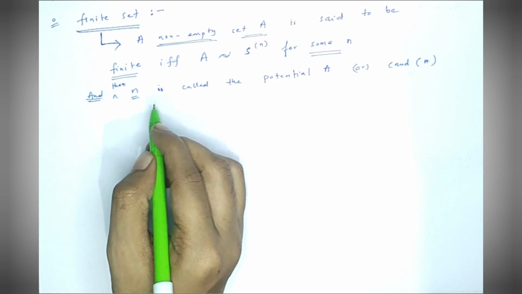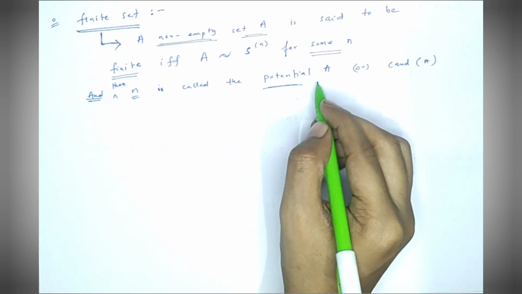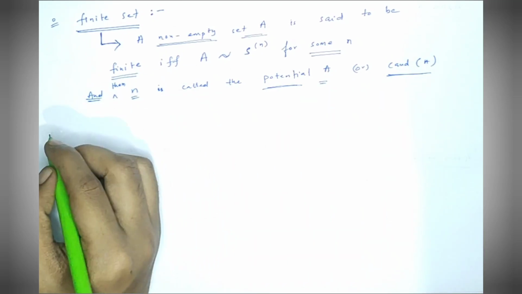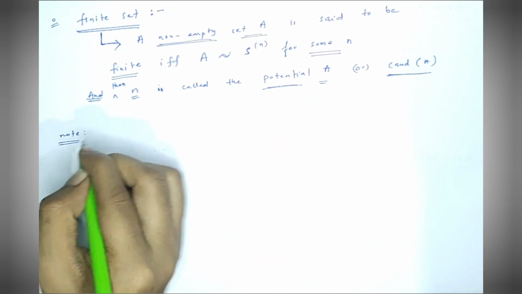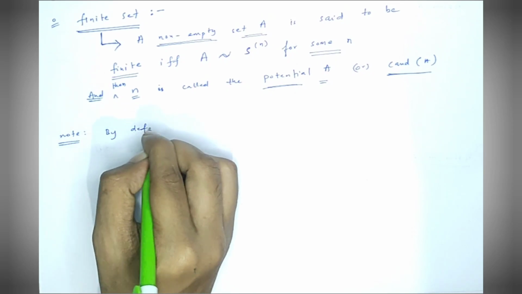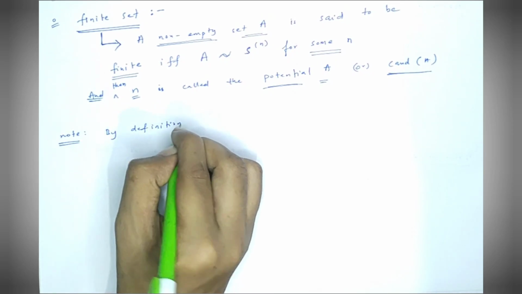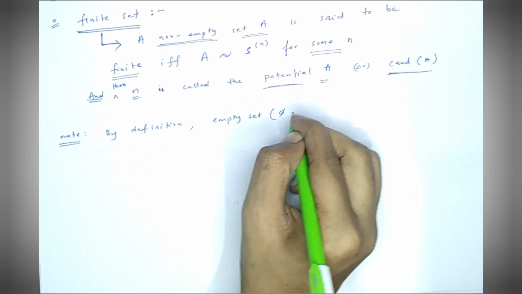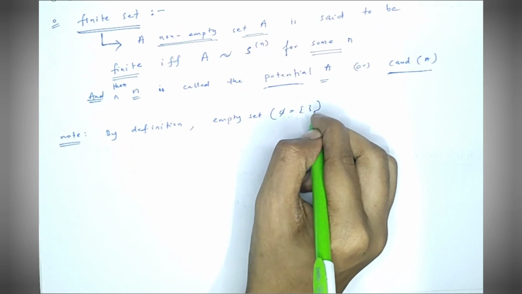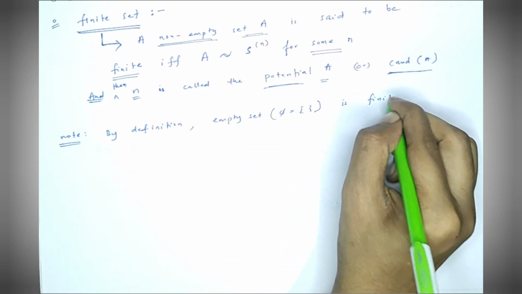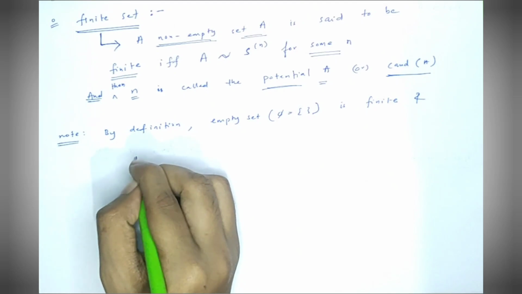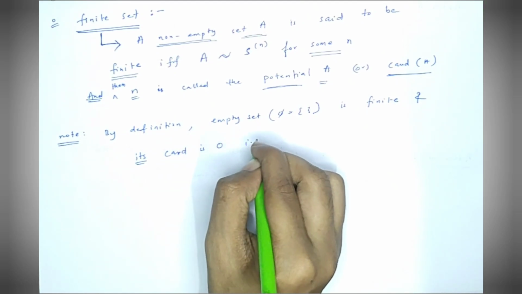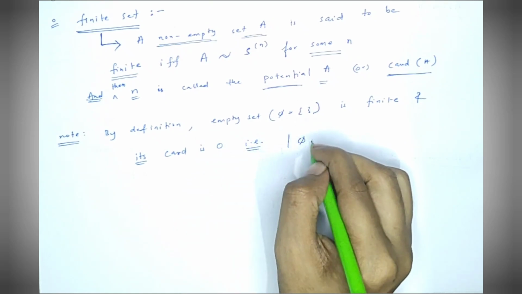Then we say n is the potential of the set A or the cardinality of the set A. A note: by definition, the empty set is finite, and its cardinality is 0. That is, the size of the empty set is 0.